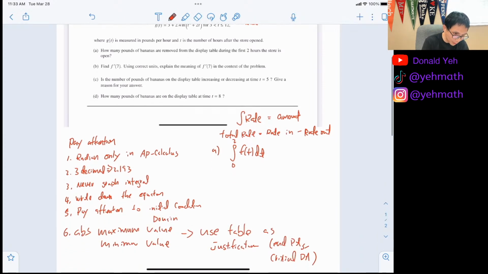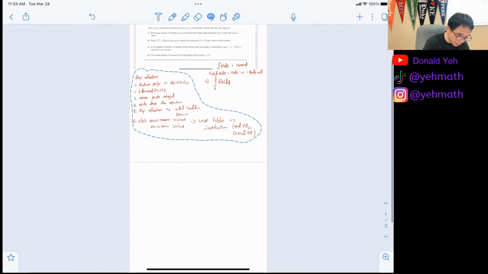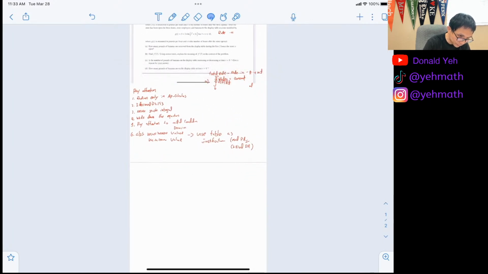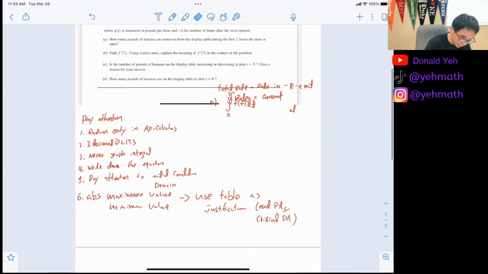Now, I'm going to show you how to use the calculator on this. The best way to use the calculator is actually, so, I'm going to erase this part because it's no longer needed.